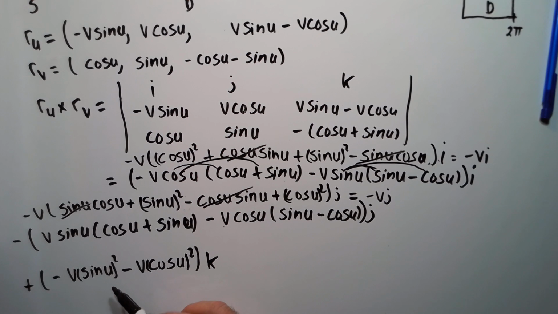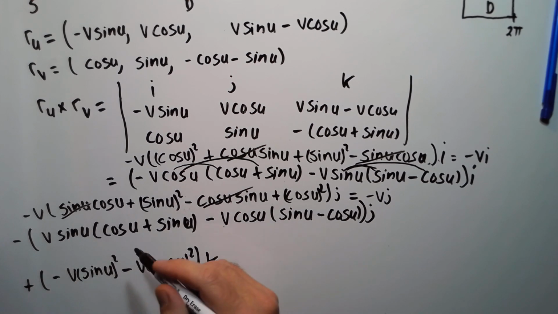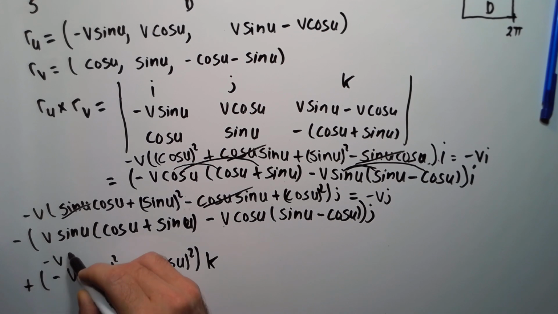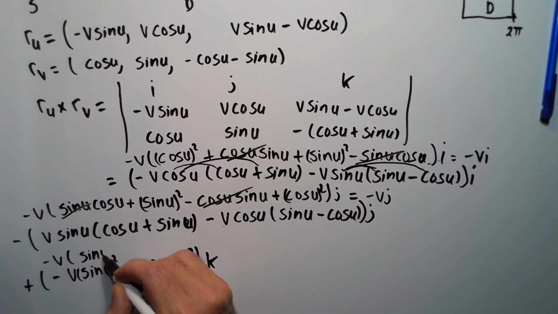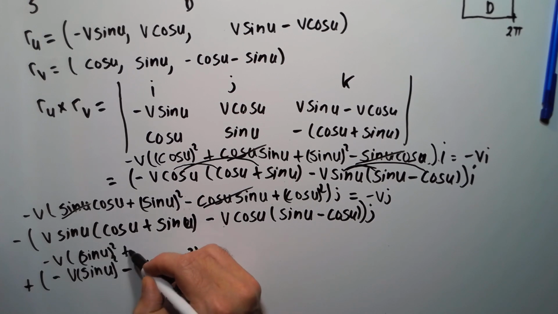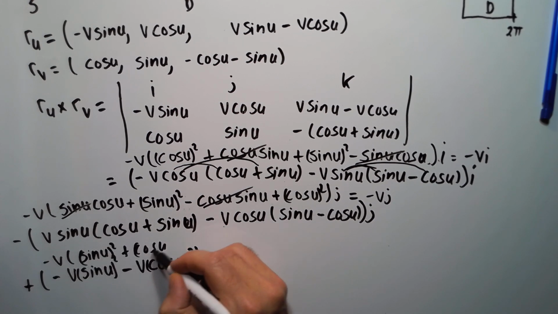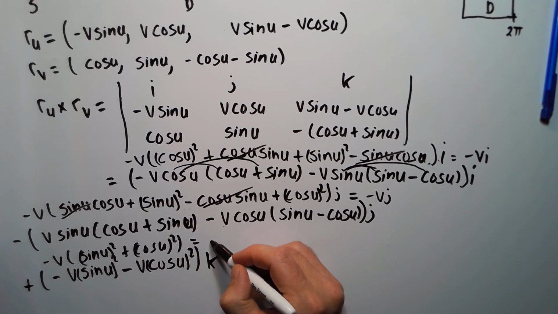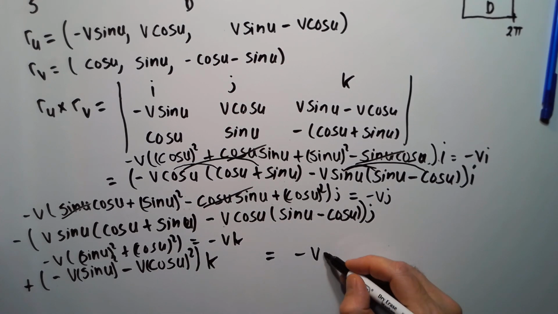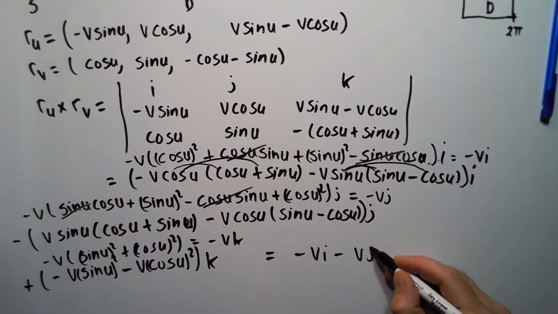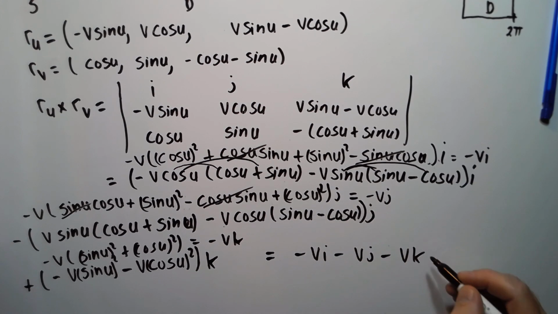I can pull a negative v out. So pulling a negative v out, I'll have a cosine squared plus sine squared. So this will be negative v k. So our answer then becomes negative v i minus v j minus v k. Alright, so let's keep going.